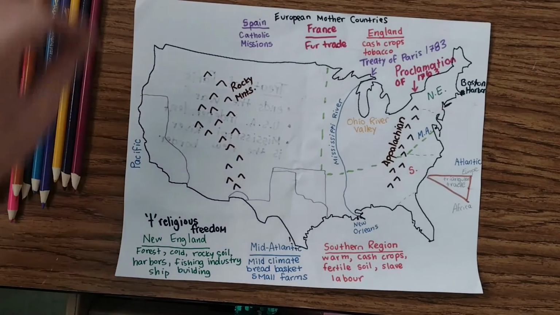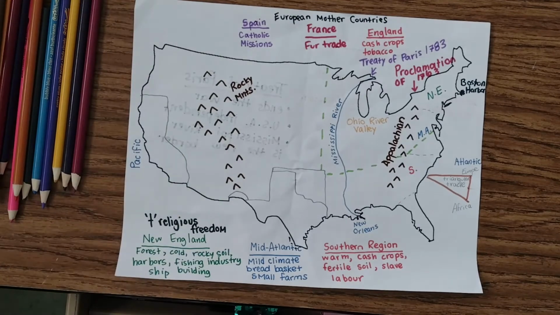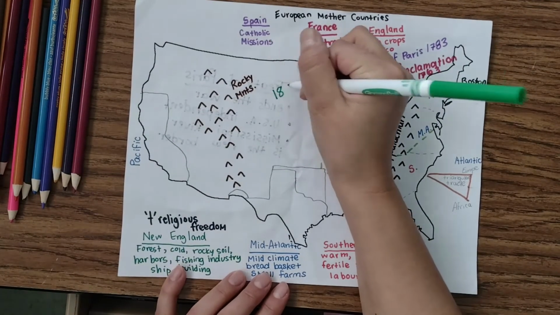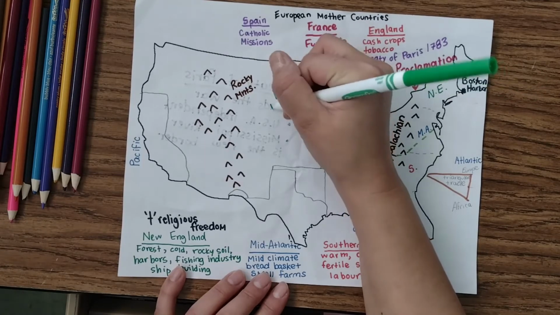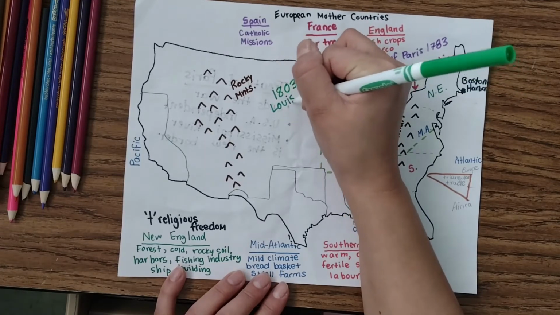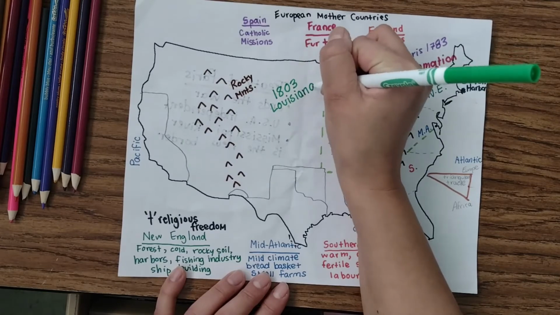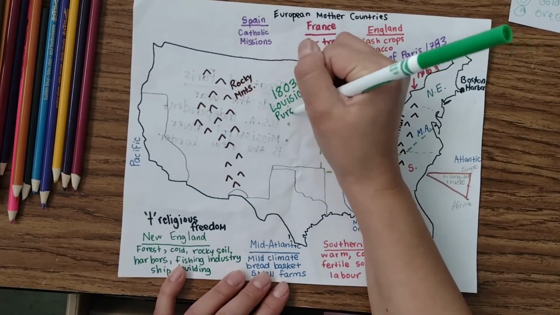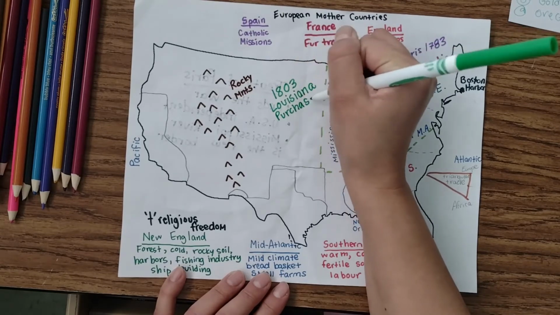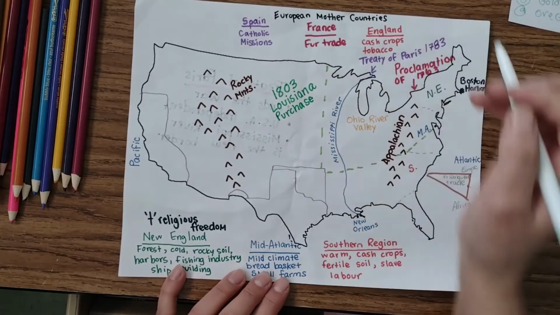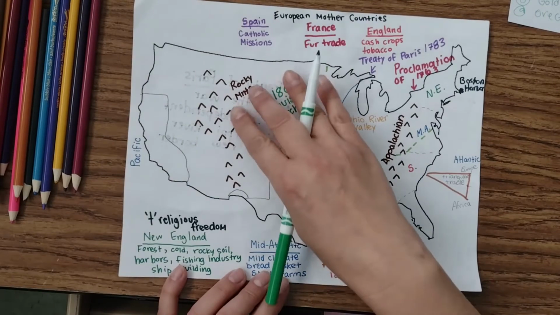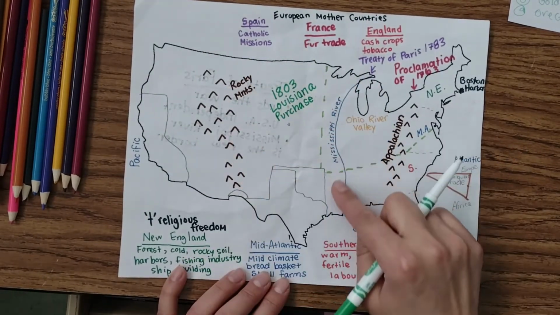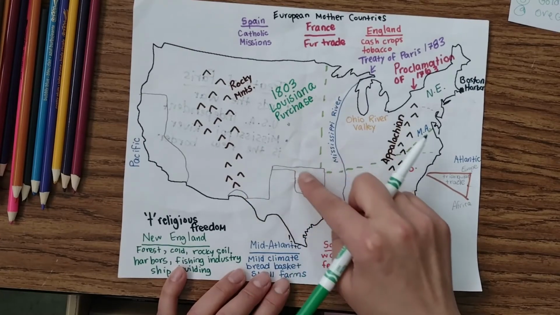We're going to start with the Louisiana Purchase of 1803, which is this territory here. The Louisiana Purchase territory was bought by Thomas Jefferson in 1803, and it included the territory between the Rocky Mountains and the Mississippi River all around, okay?